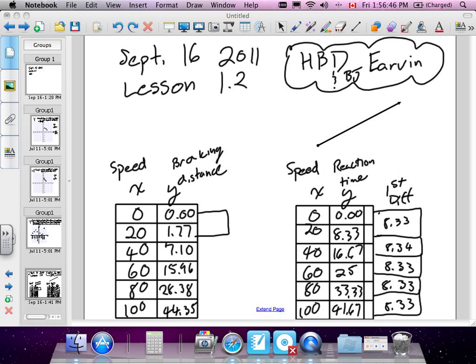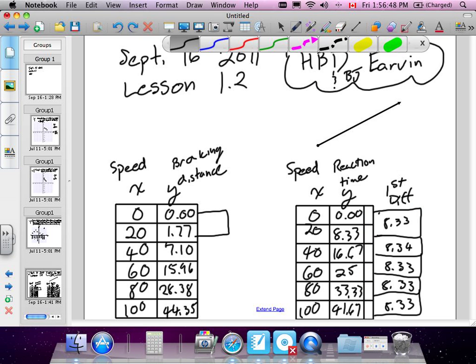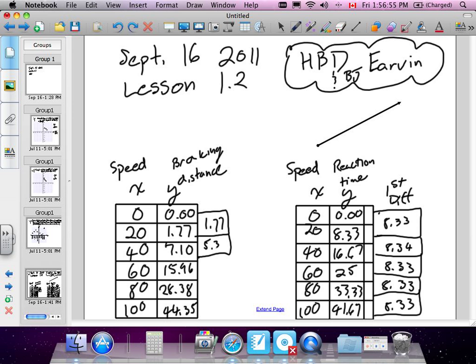Okay, for braking distance, we're going to find the difference between the numbers. The very first one is 1.77. Next one is 5.33. Next one is 8.86. 12.42. And 15.97.